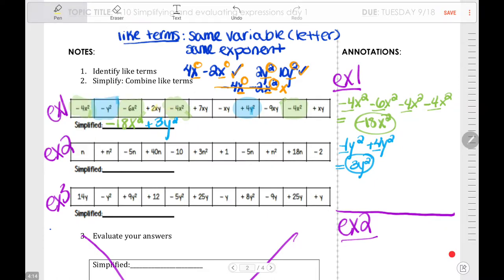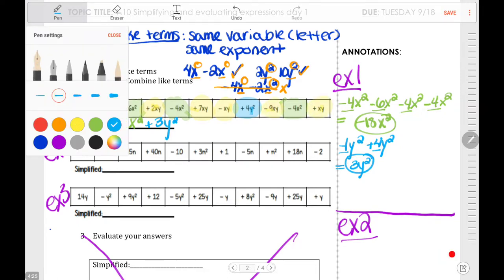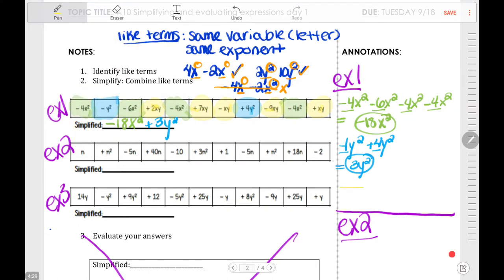Moving on. Next thing I see is the 2xy and a 7xy. And I'm going to do the same for all my xy's because they are like terms and have the same variable. I'm going to group them together over here. On my side for my work, I have a 2xy.